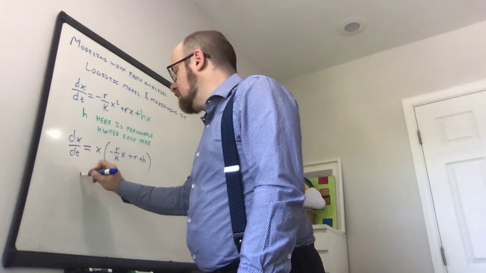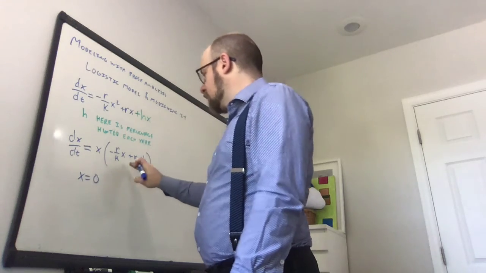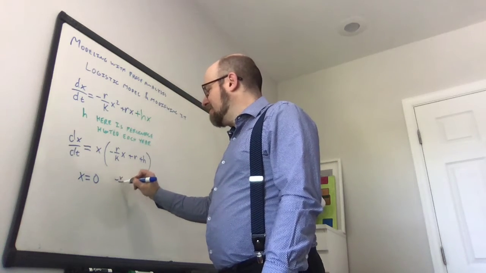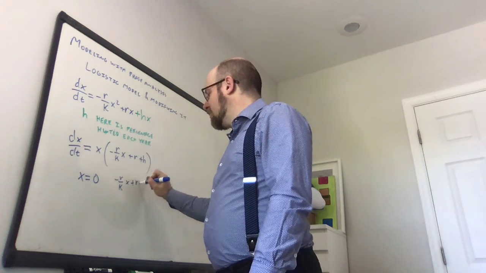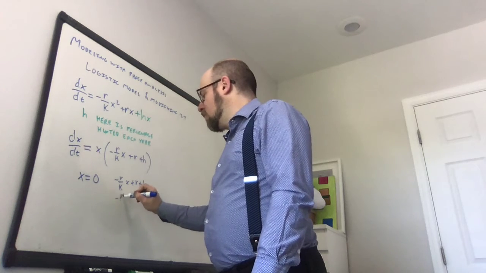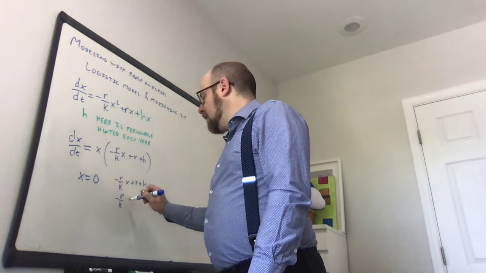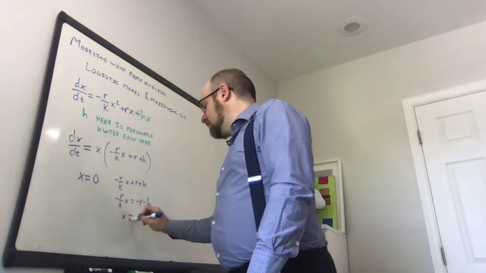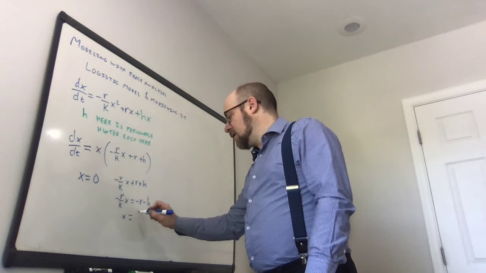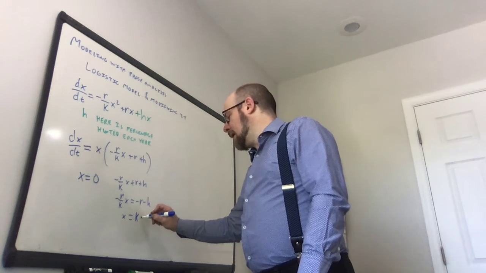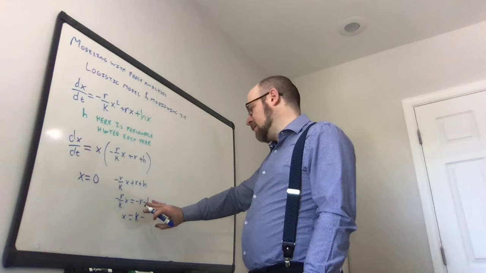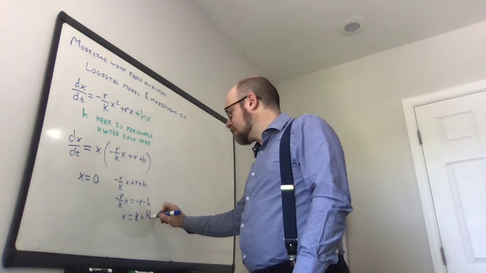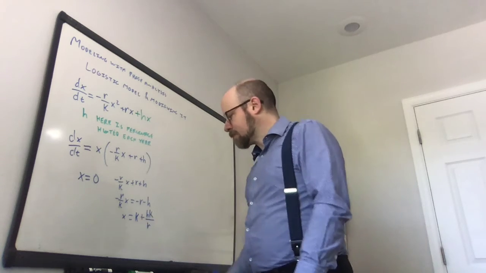You've got an equilibrium at x equals 0, and one where negative r over k x plus r plus h equals 0. So negative r over k x equals negative r minus h, so x equals k plus h times k over r.